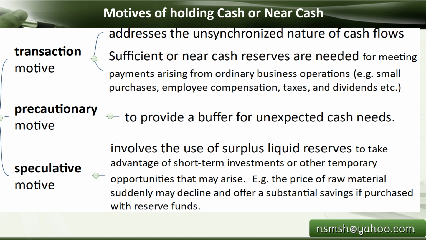These are all called transaction motive. Precautionary motive is a kind of safety buffer for any unexpected cash needs. Speculative motive is for investment, taking advantage of short-term opportunities by nature of opportunity cost. If there is excess cash for the short term, they can use it for that.